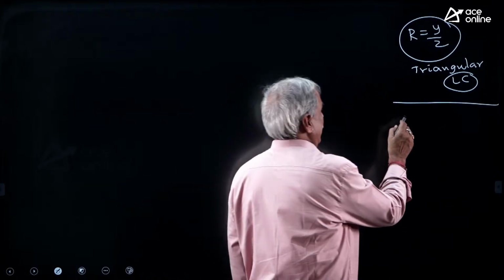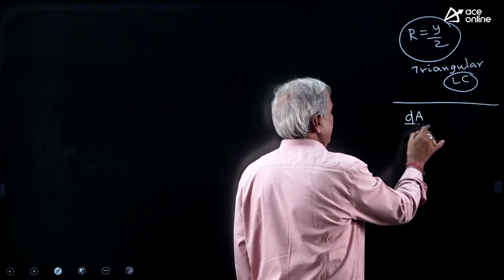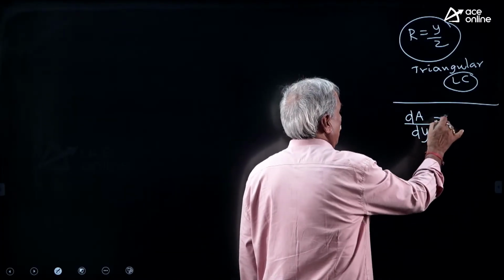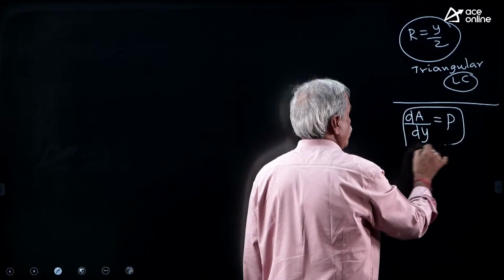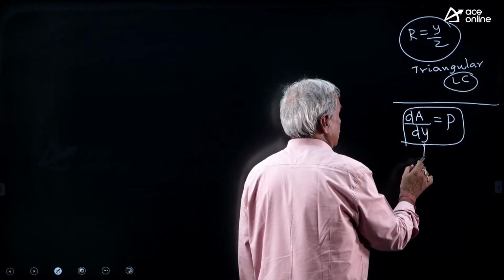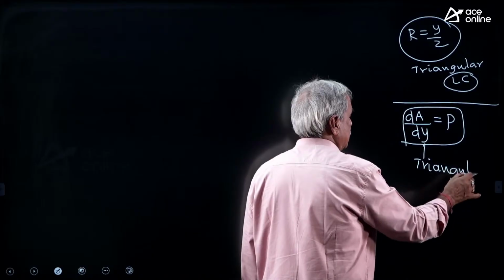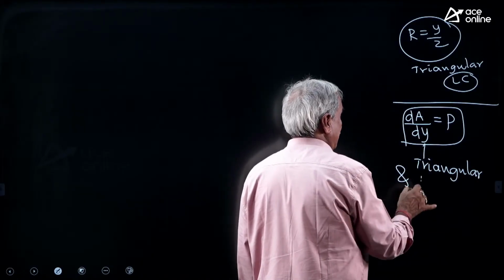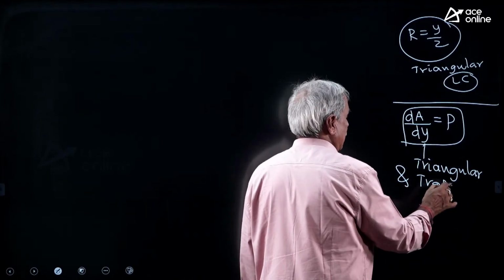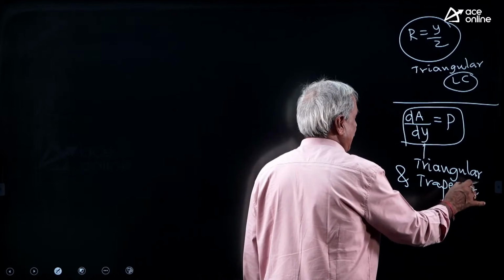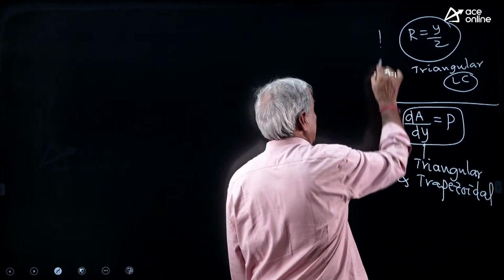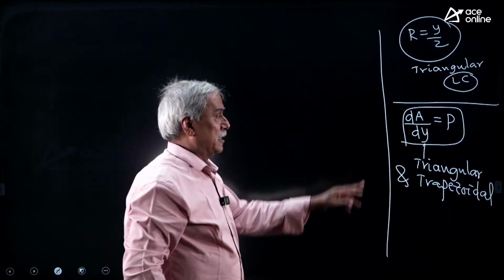One more also: when you differentiate the formula of area with y, you are going to get P for both triangular and also trapezoidal lined canals. Triangular and trapezoidal lined canals, we are able to get these conditions satisfied.